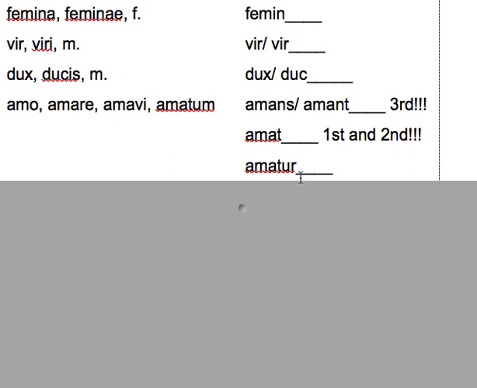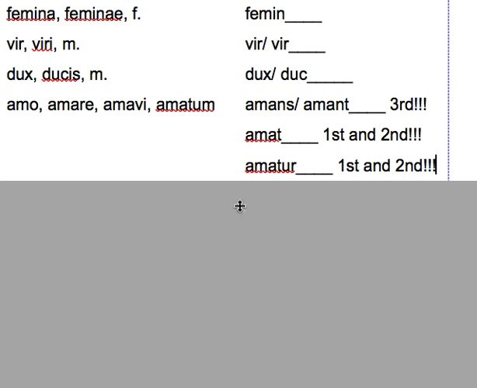You go to the amatum part, you add a ur, that's your stem, and you're going to add, you guessed it, first and second declension endings to that. So us, a, um, the same business we added to the perfect passive participle. So loving, third declension endings; having been loved, first and second declension; about to love, first and second declension.